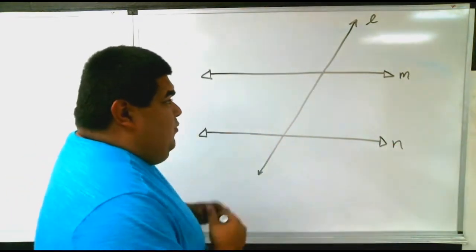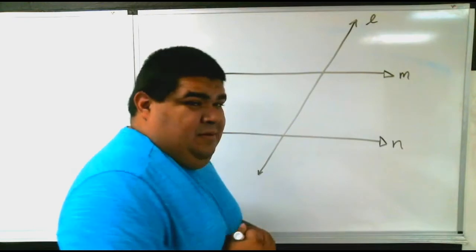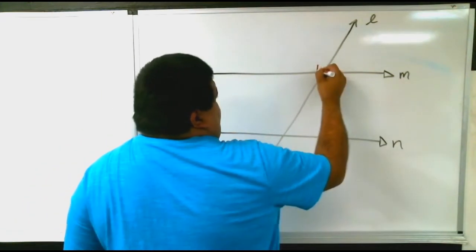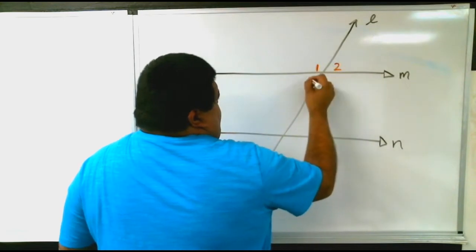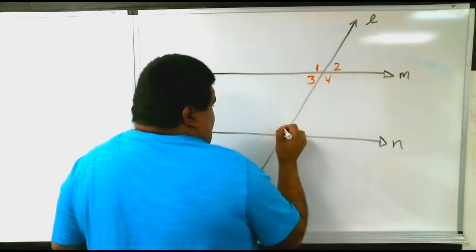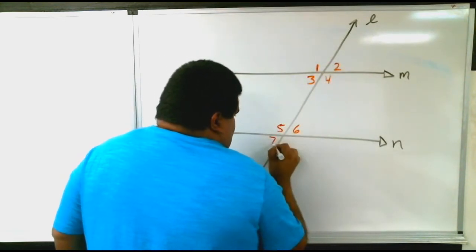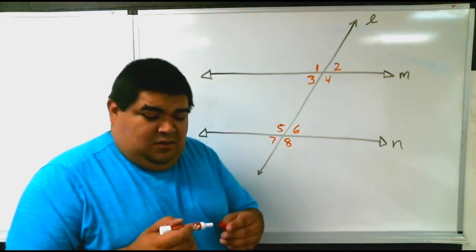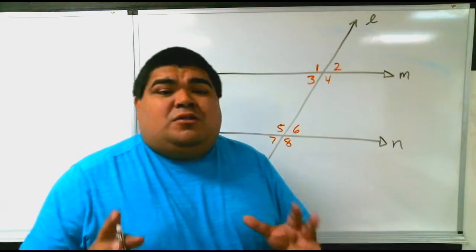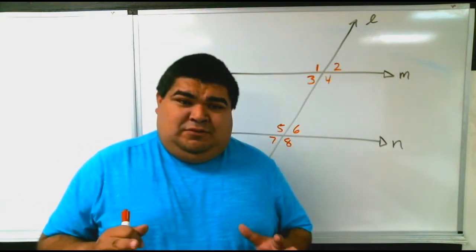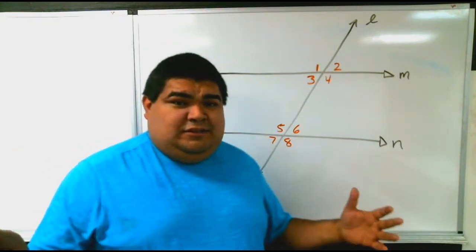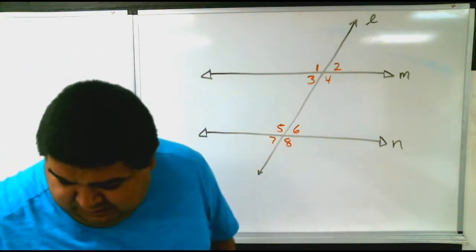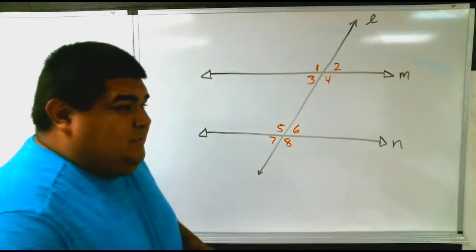So if I were to label this transversal 1, 2, 3, 4, 5, 6, 7, and 8, and we're dealing with alternate exterior angles, again, alternate is opposite and exterior means on the outside. So angles that are opposite on the outside.